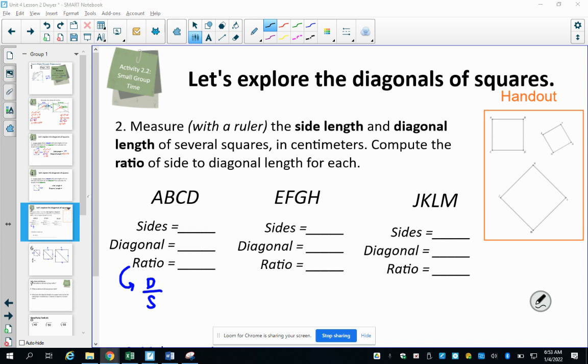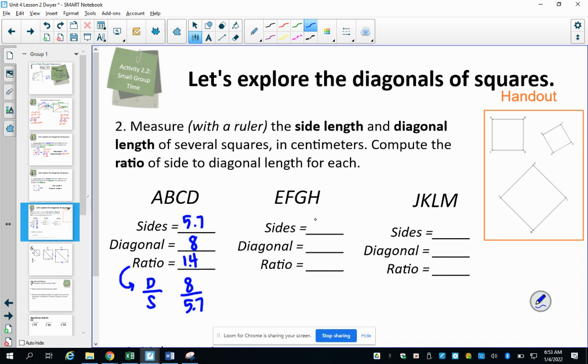Now that you've measured the sides, if you are in class with the handout, in square ABCD, the sides were about 5.7 and the diagonal was about 8. So when you did 8 divided by 5.7, you should have gotten approximately 1.40.